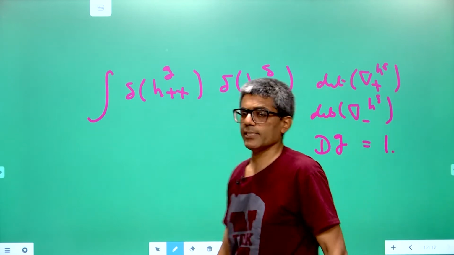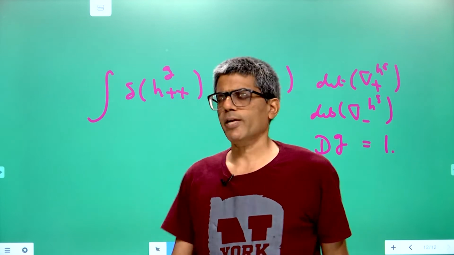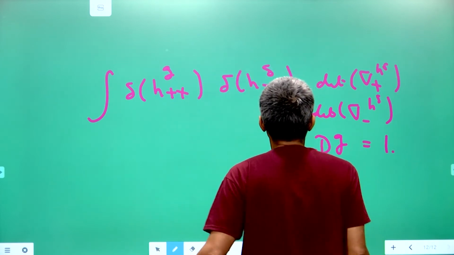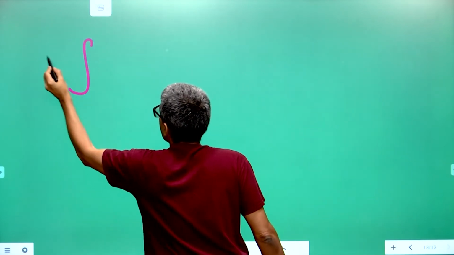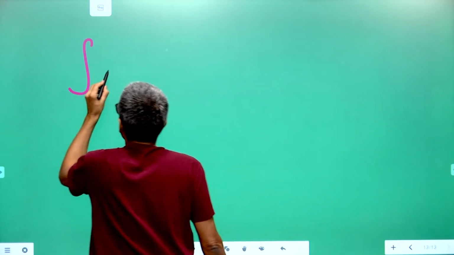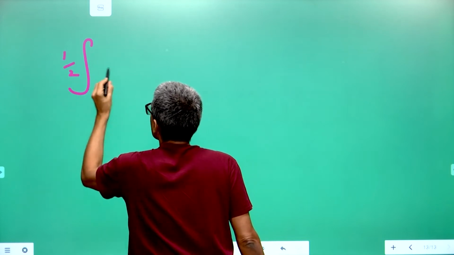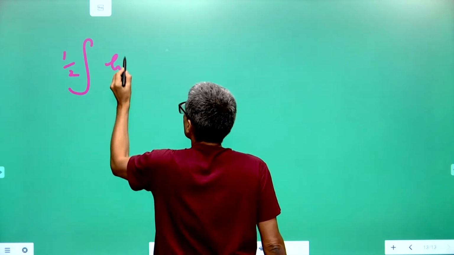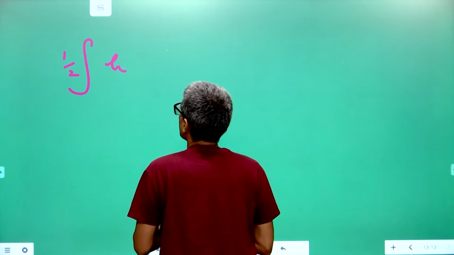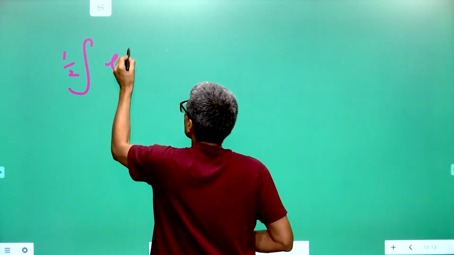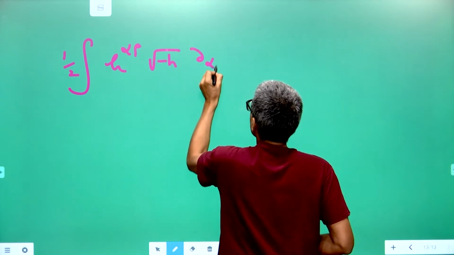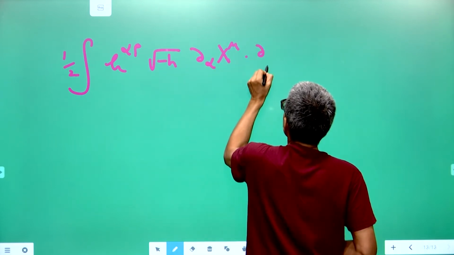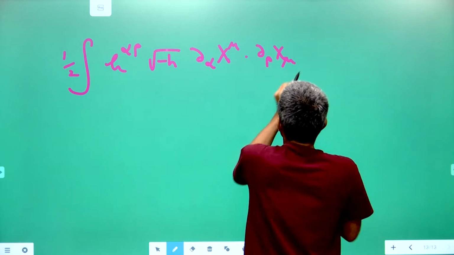So I insert this identity into the string path integral in which the metric has not been integrated. What do I get? The same path integral, where S is half, integral of h alpha beta root minus h, del alpha x mu del beta x mu d2 sigma.